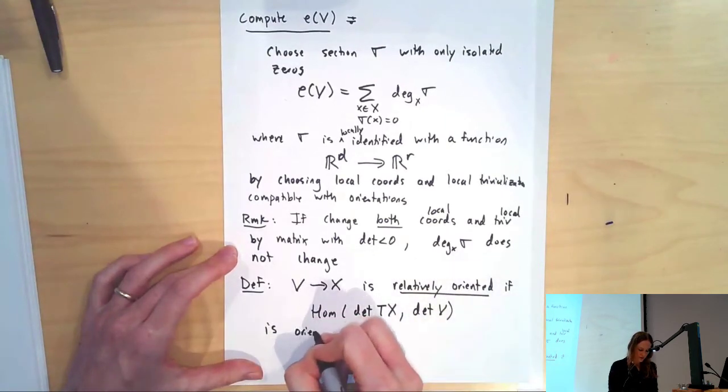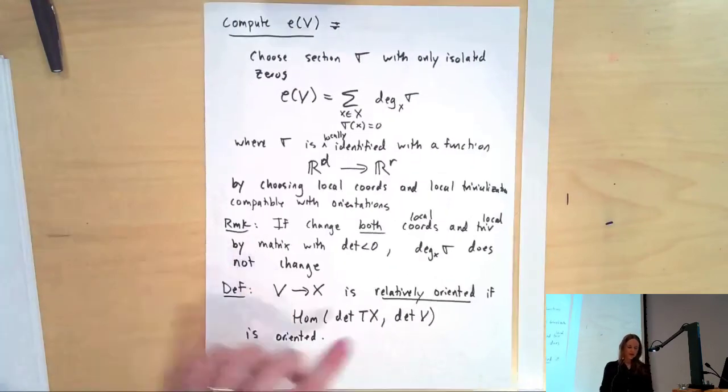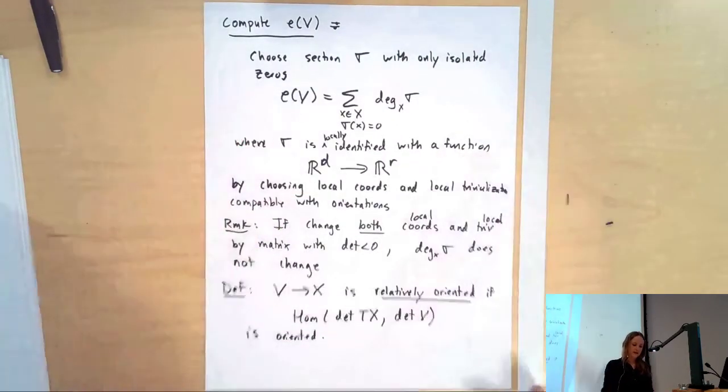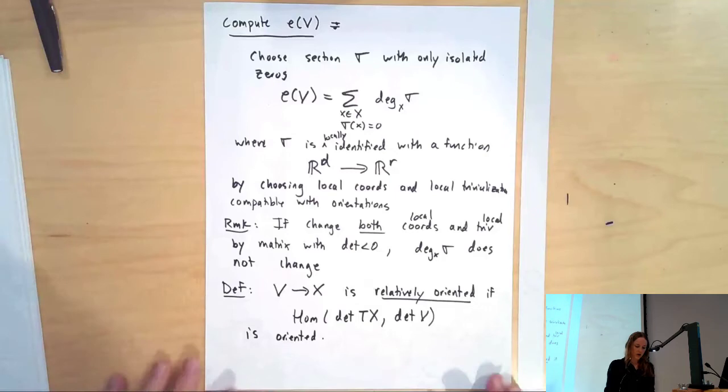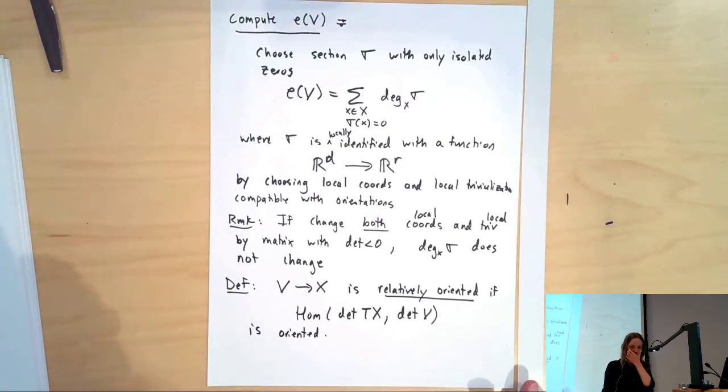So we know what it would mean for such a homomorphism to be positive, and then we won't change the value of the local index.